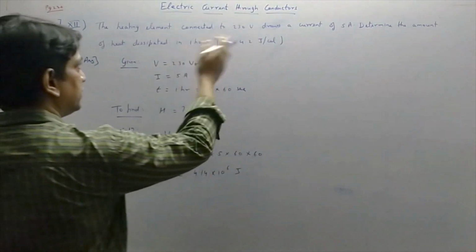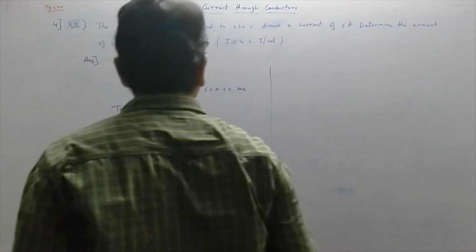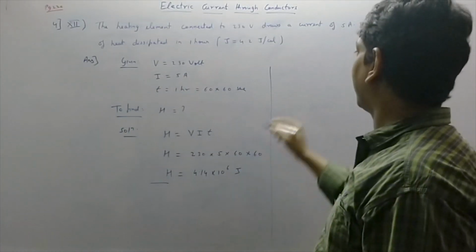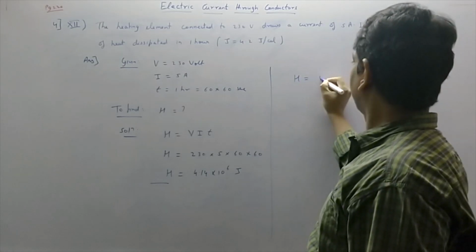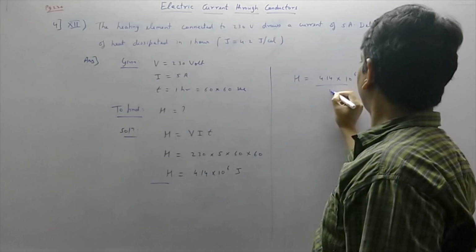Now we are going to find it in calorie. 1 calorie is 4.2 joules. So to convert to calorie, H is 4.14 into 10 raised to 6 divided by 4.2.